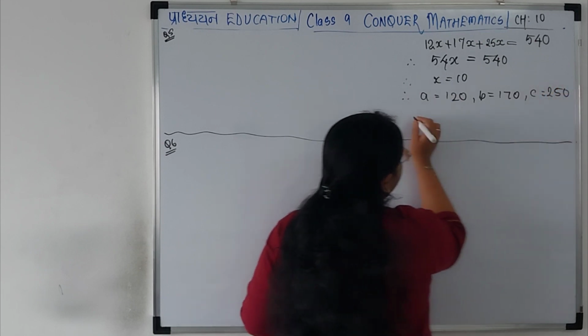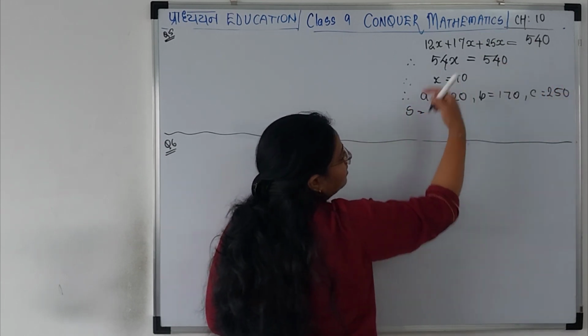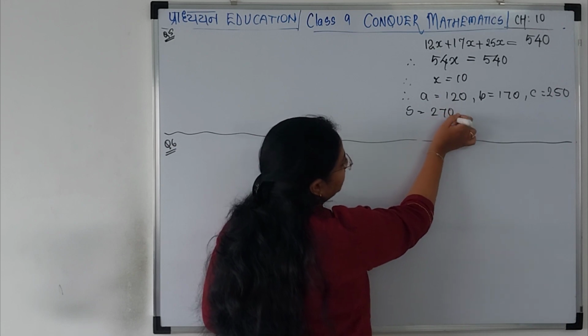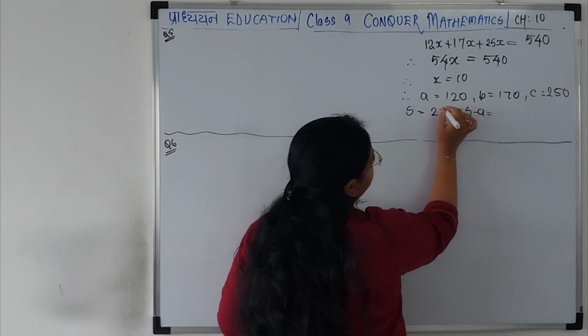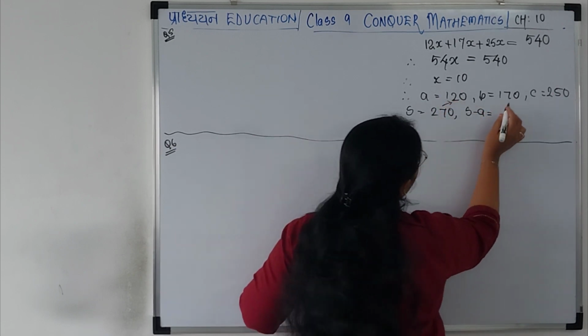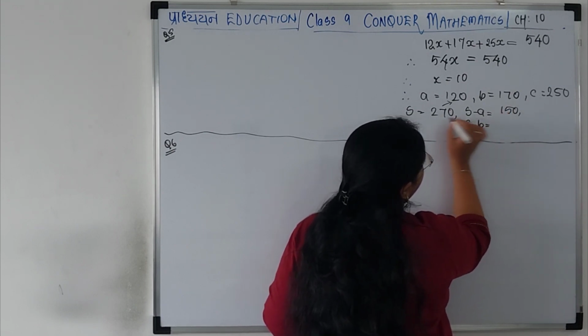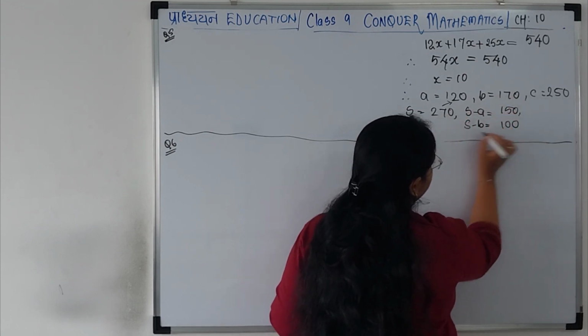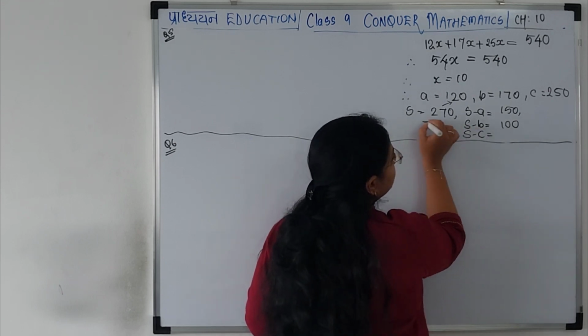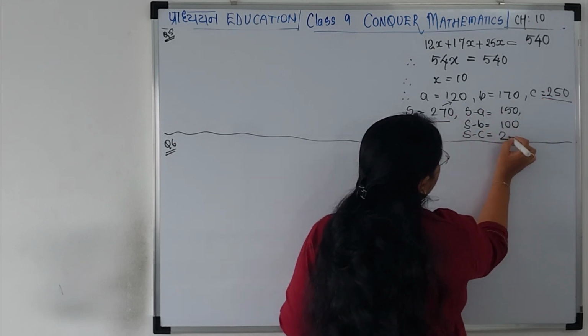Okay. Semi-perimeter will be 540 by 2, that is 270. S minus A will be 270 minus 120, that is 150. S minus B will be 270 minus 170, 100. S minus C will be 270 minus 250, 20.